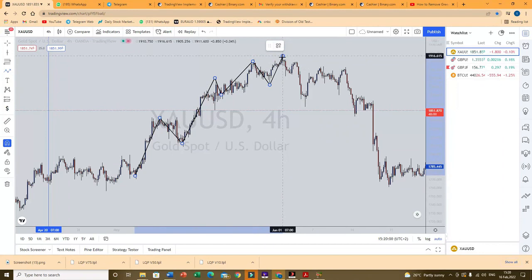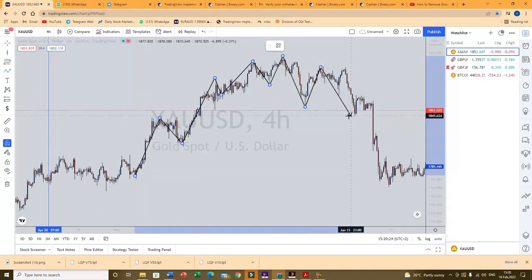But from this point, you can clearly see that our price went all the way down, breaking this point. Look at this point. Price is breaking this point. After breaking this point, we say that our price is returning back to the structure. So this is a return to structure move. Then after that, we create another low.